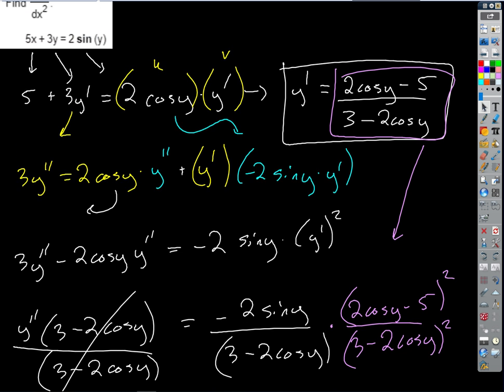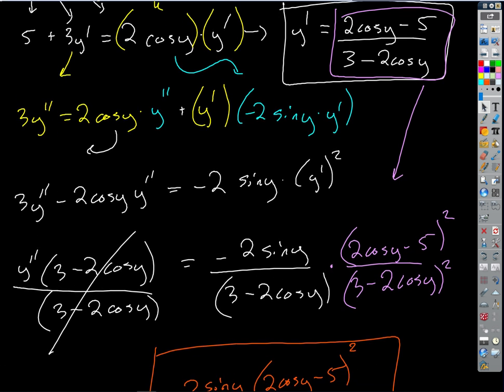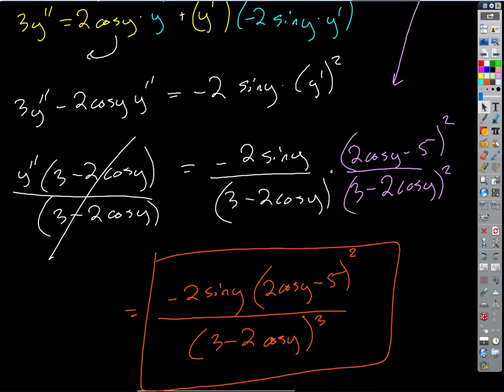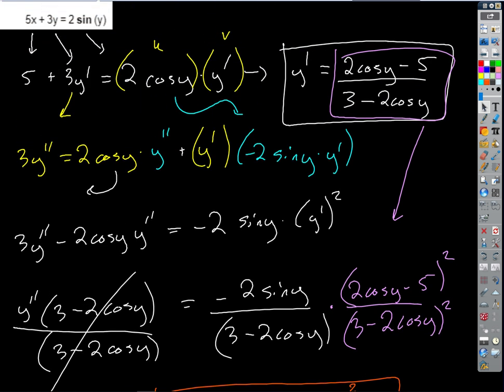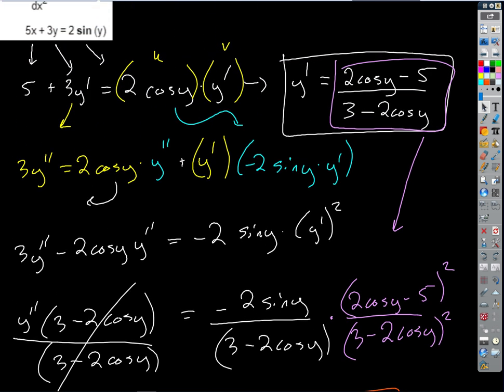Well, 5 squared is 25. Did I calculate? Oh, that's supposed to just be a 5 on top, isn't it? Oh, yeah, look up. How did I get this? Y prime is, yeah, this is just a 5, right? That's just a 5.